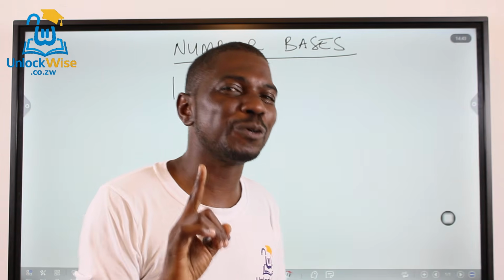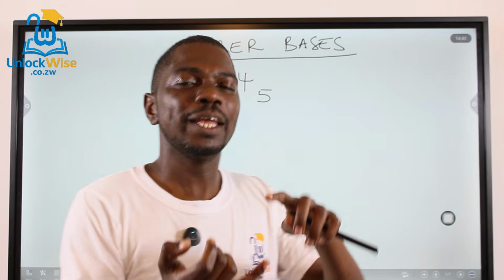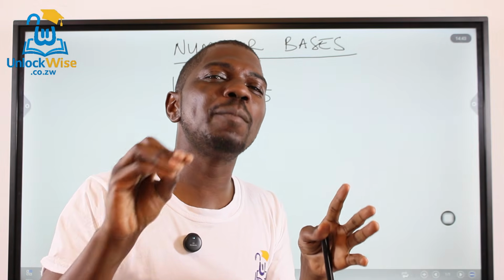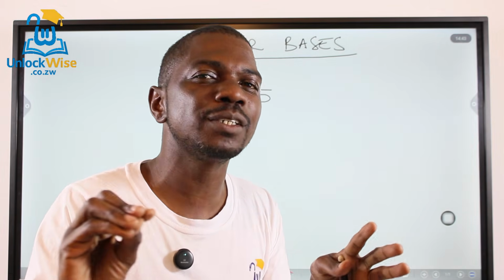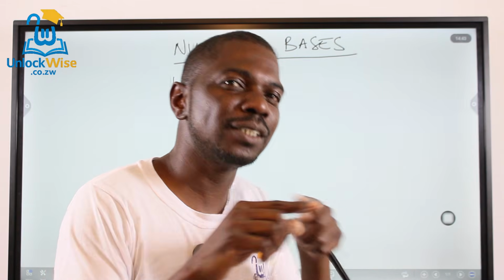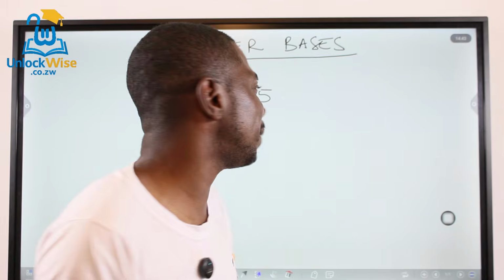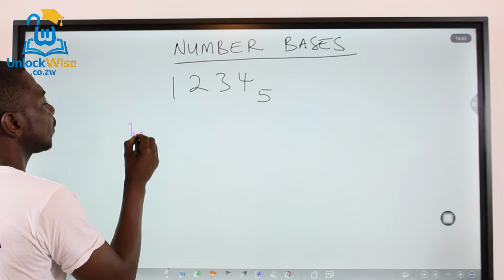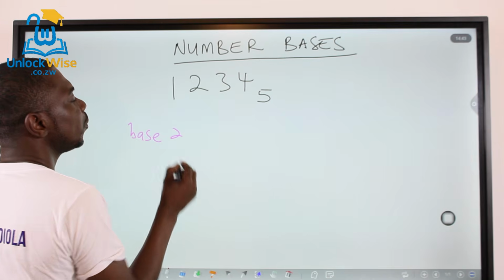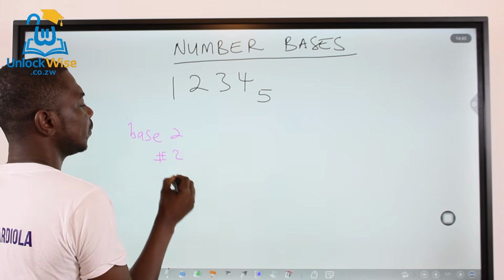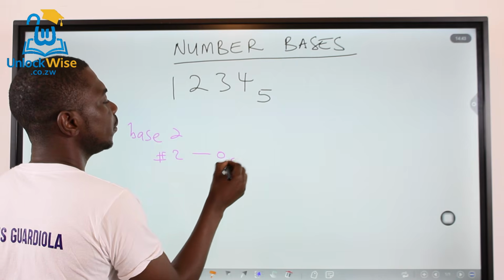Let me repeat this because this is very important. In any base, we have the same number of numbers as the base, but we do not have that base as part of those numbers, which means that in base 2, we have two numbers, 0 and 1.